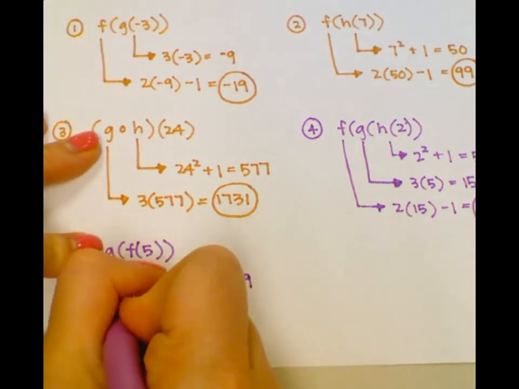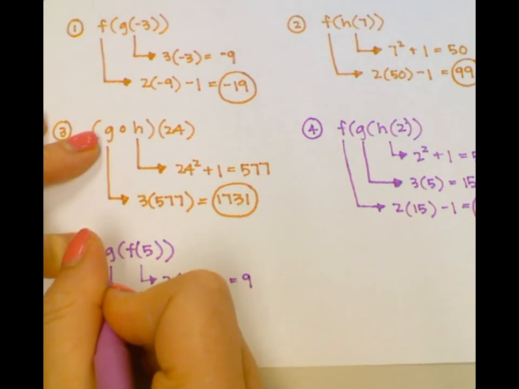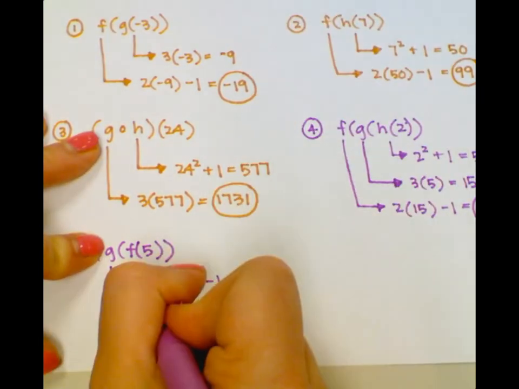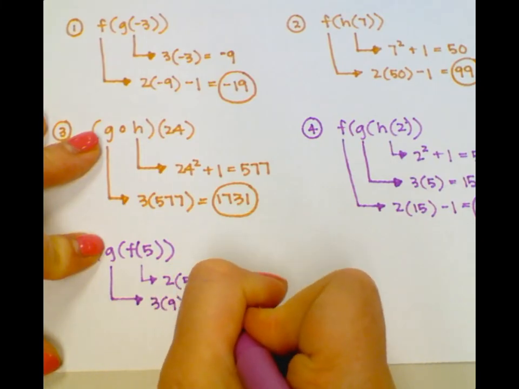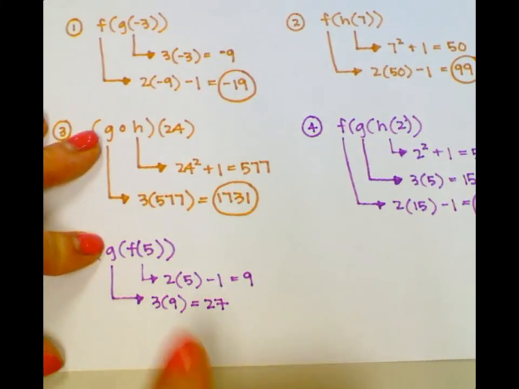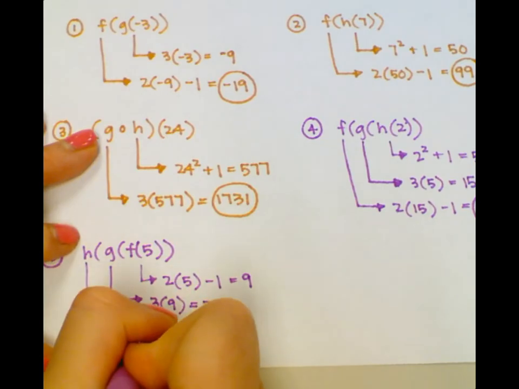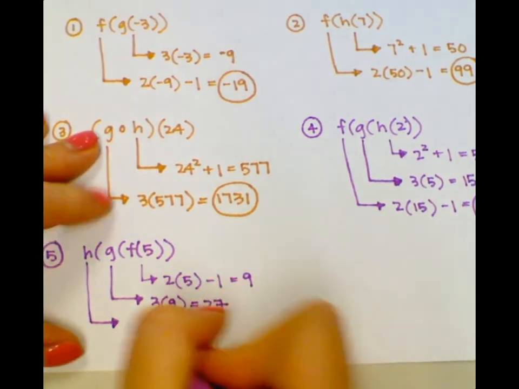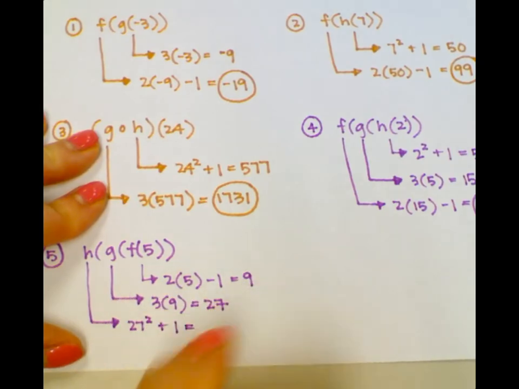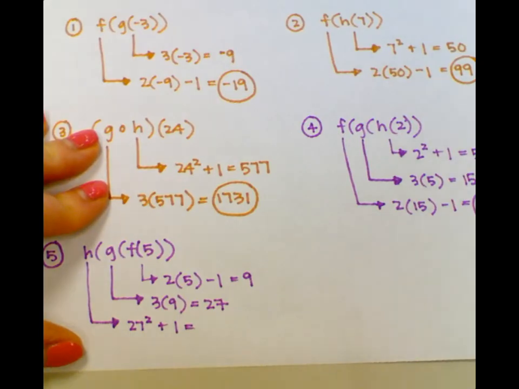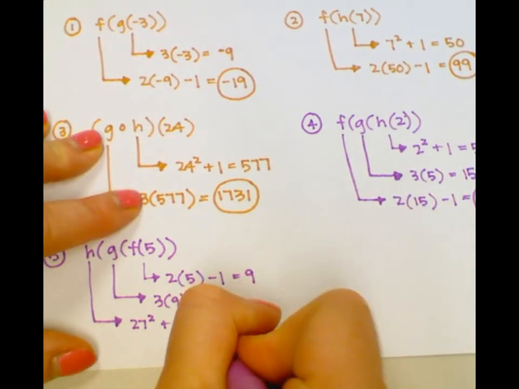Then back it up. You got a g now. So go to the g, which is 3x. 3 times 9, which is 27. Then back it on up. H. H is x squared plus 1. So 27 squared plus 1. I'm going to need my calculator, definitely. 27 squared plus 1, 730.